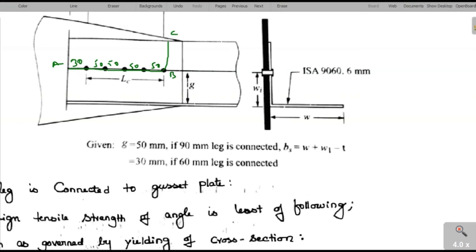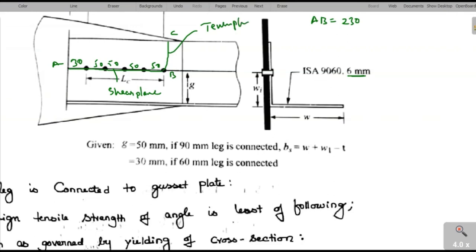So AB length is 230 and thickness of the angle section is 6 mm. Okay, remember that. See, this AB is nothing but the shear plane and BC is the tensile plane.